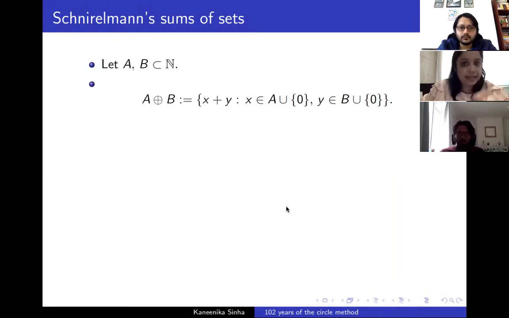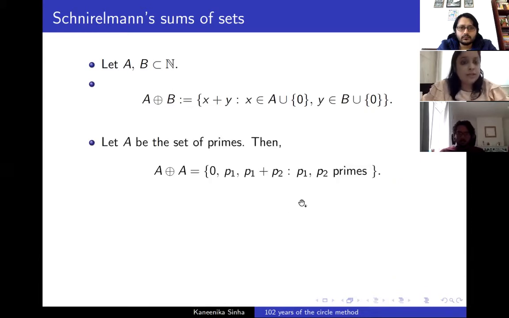So x is in A union 0 and y is in B union 0. So in particular, for example, if you take A to be the set of primes, then the sum set of A with itself consists of 0, all primes p1, and all possible sums p1 plus p2.